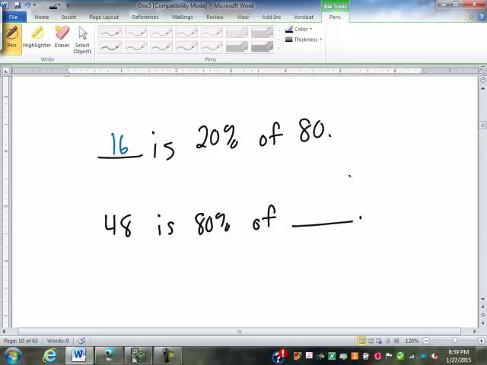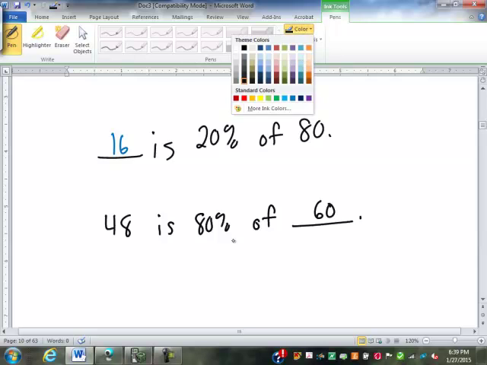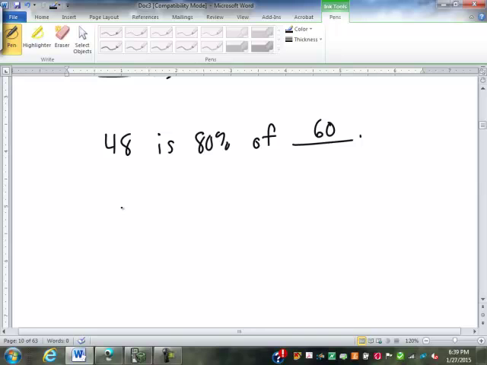When they do the examples, they might show you one way or another, but you can do it whatever way you have to. So this one's going to come out to be 60. Good. And finally, $56 is blank percent of 80.